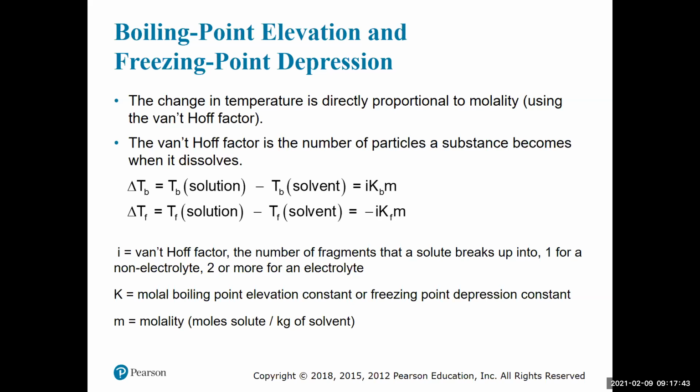If it's not an electrolyte, once again, use that example of sugar, then it would just be the number 1. So this is a way where you could calculate what that delta T is, in other words, what that boiling point elevation or freezing point depression is, if you have some of this information.